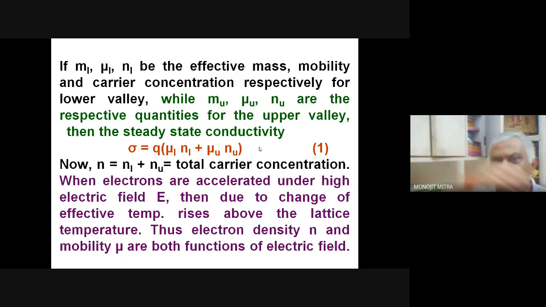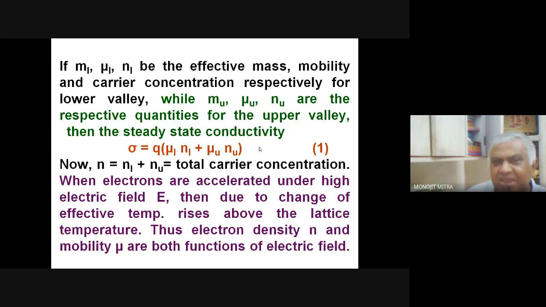So because of the concentration gradient, the electrons will move from the large concentration area to the lower concentration region, and this mechanism is called diffusion. This process continues till equilibrium is reached and the concentration on both sides becomes equal.